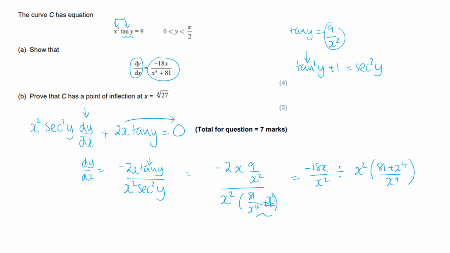Now when we divide by fractions, we times and turn it upside down, use the reciprocal. So it's minus 18x over x squared times by x to the 4 over x squared into 81 plus x to the 4. Now these 2 x squareds on the bottom will cancel with that x to the 4 on the top, and I've done it. It is minus 18x over x to the 4 plus 81.